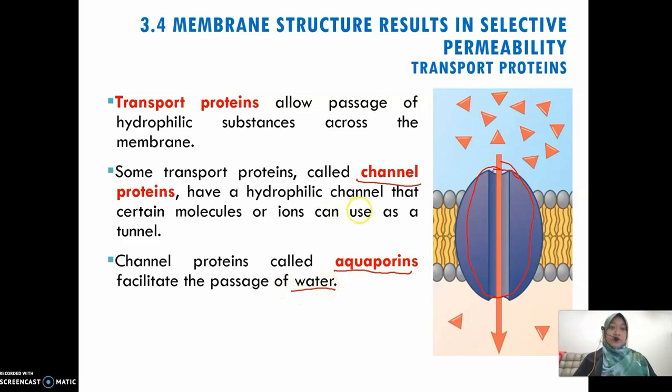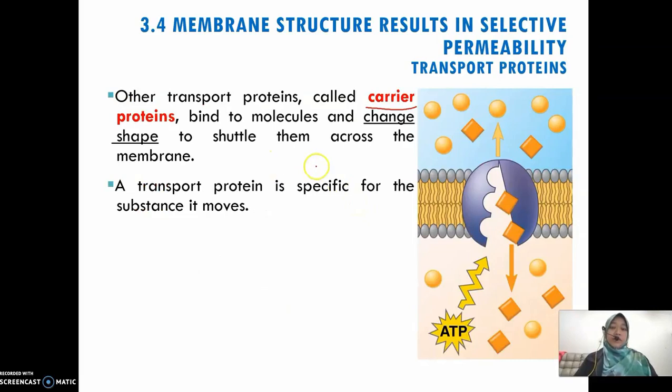Channel protein does not change shape, compared to carrier protein, which can change shape. It provides a binding site for a specific substance to bind to the carrier protein, and then it will be transported to the other side of the plasma membrane.